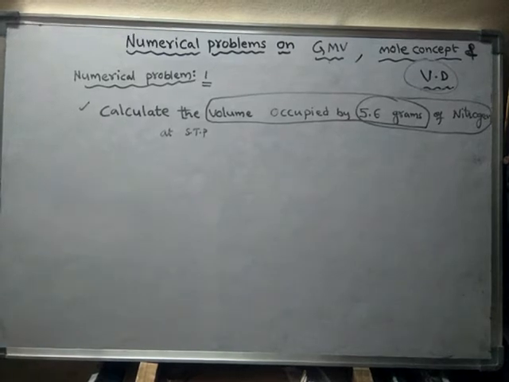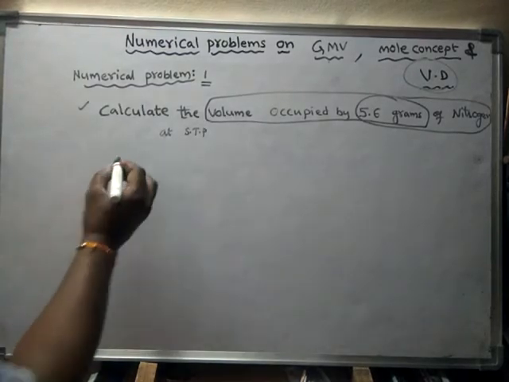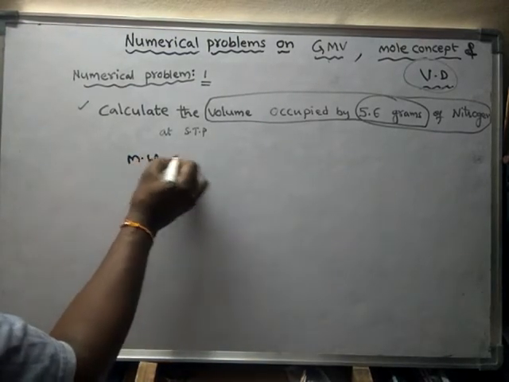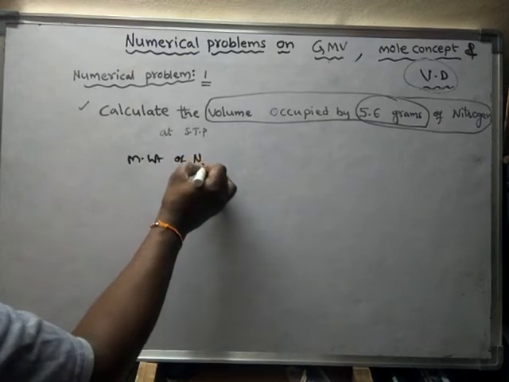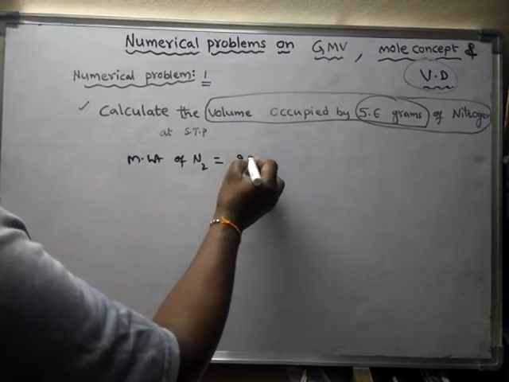Before solving this problem, first, what is the molecular weight of nitrogen? It is 28.